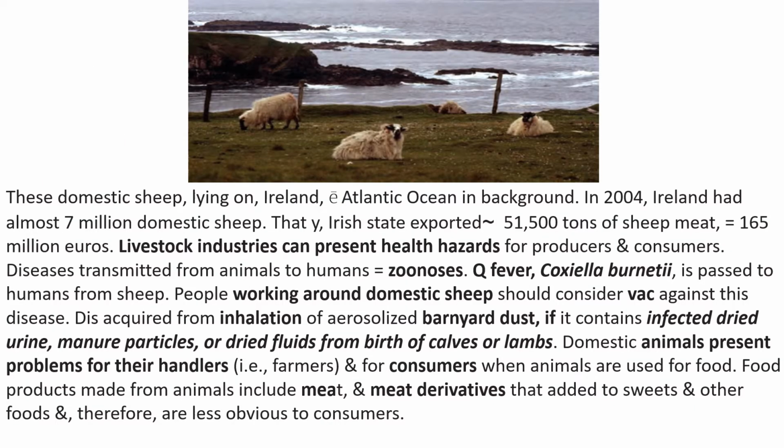This photo of calm sheep beside the ocean is overloaded with a story. These domestic sheep are lying in Ireland with the Atlantic Ocean in the background. In 2004, Ireland had almost 7 million domestic sheep.